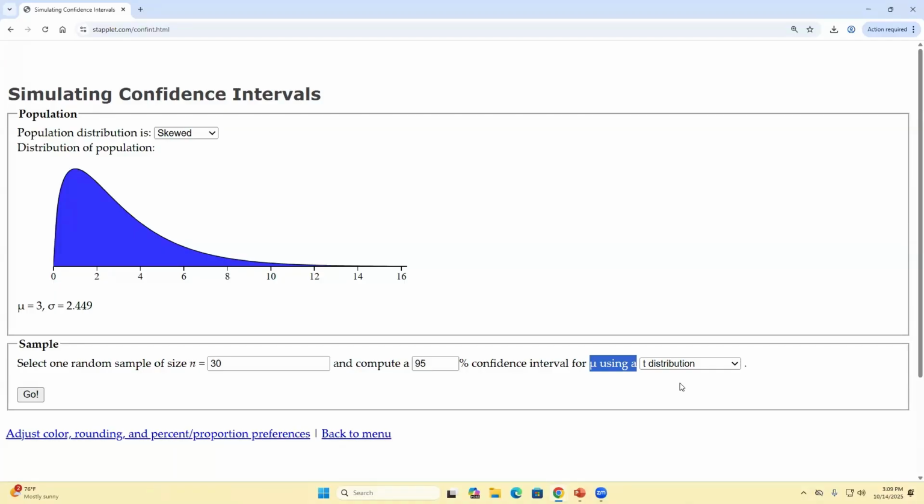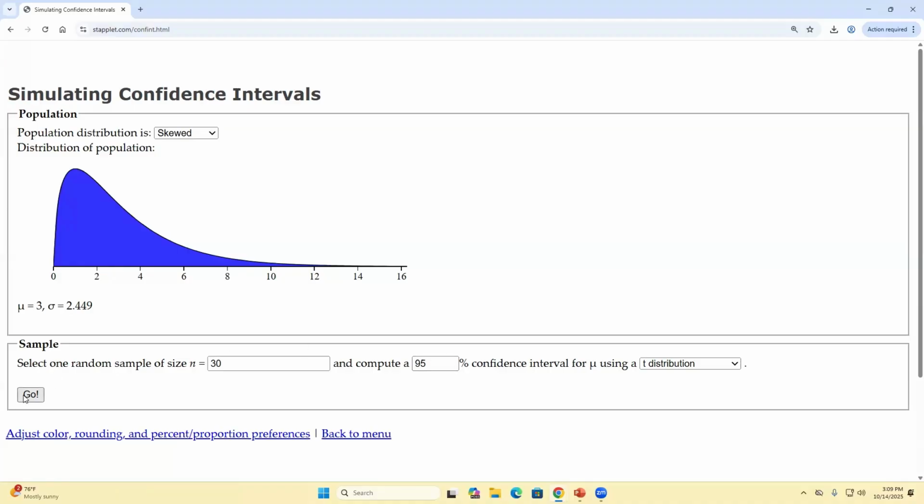Just the way that the normal distribution often happens for a population, the t-distribution, as we're going to see, is the correct distribution to use when you're dealing with samples in an unknown population, but more on that next time. So we have that random sample size of 30, 95% confidence interval, by far the most popular confidence interval.